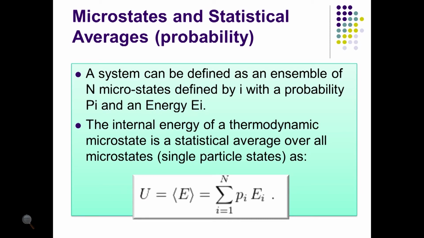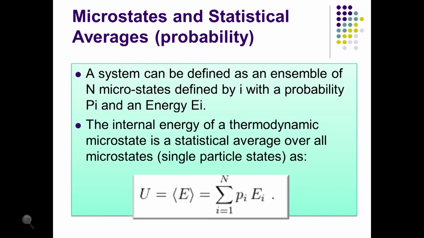In this case, p is not momentum, do not confuse it; it is the probability of state i, and E_i is the energy of that microstate. The internal energy of a thermodynamic system is a statistical average over all microstates.